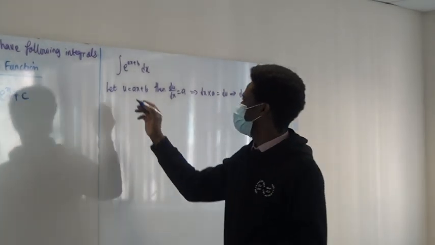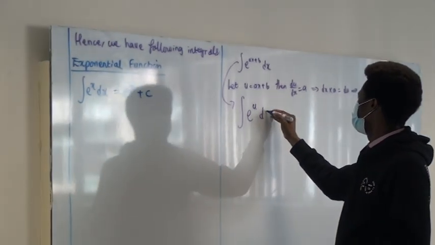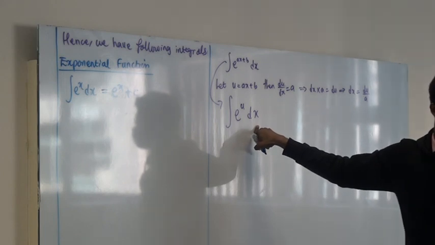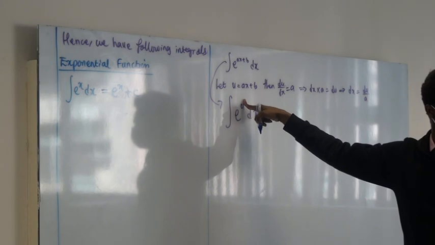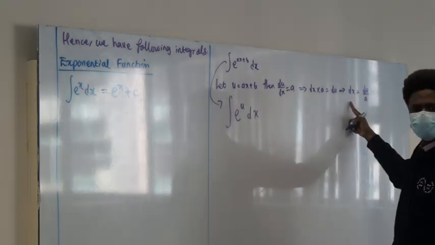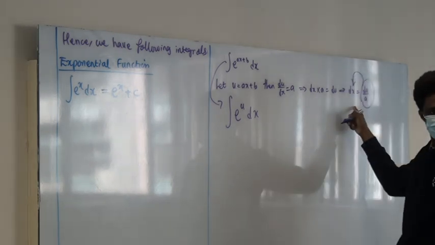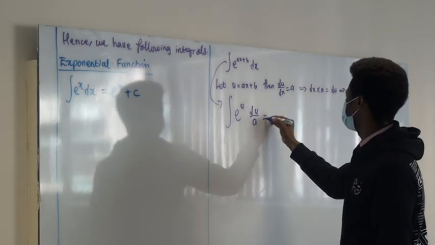The reason is because the moment we write this as the integral of u, saying dx doesn't make sense anymore. So this has to be changed to the variable with which we are integrating. That is why we need to do this. So we can substitute this in place of dx, and that will give du divided by a.